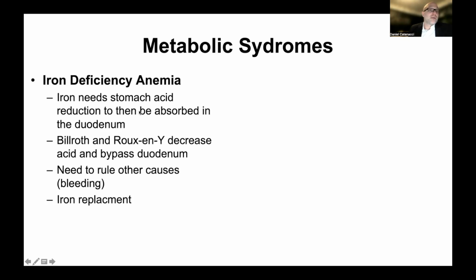And so because you've had replumbing go on there and you're less acidic, you may have low iron absorption. And so after ruling out the possibility of bleeding from other sources or any other obvious reason for having anemia, then iron replacement is recommended, often IV, to help boost up your red blood cell count.